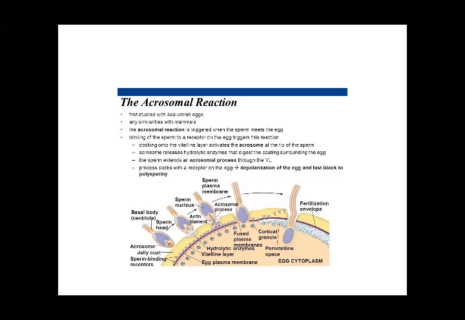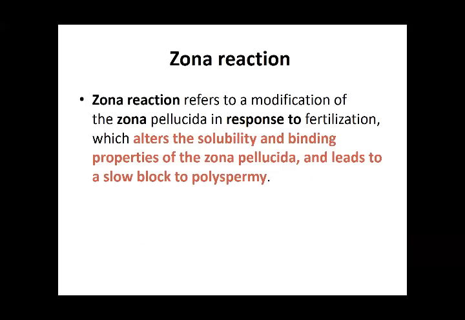So basically, after capacitation, we have the acrosomal reaction, cortical reaction, and then the zona reaction. Zona reaction refers to a modification of the zona pellucida in response to fertilization, which alters the solubility and binding properties of the zona pellucida and leads to a slow block to polyspermy, so that just one sperm enters.